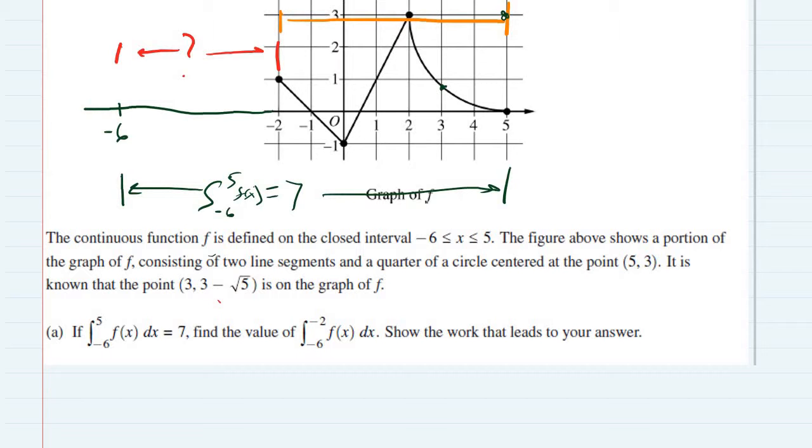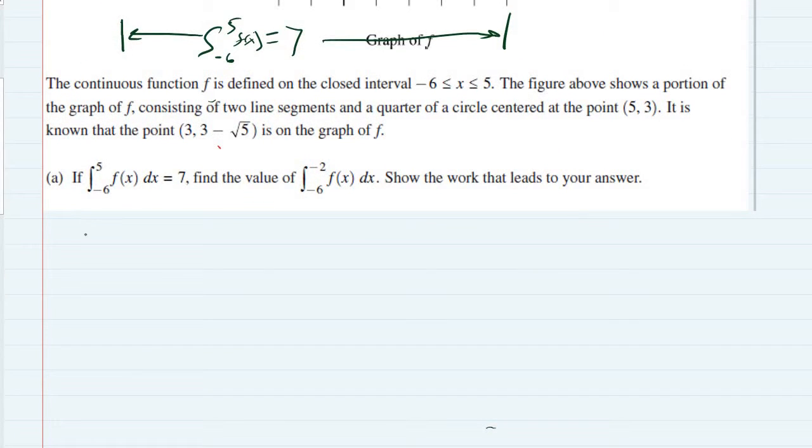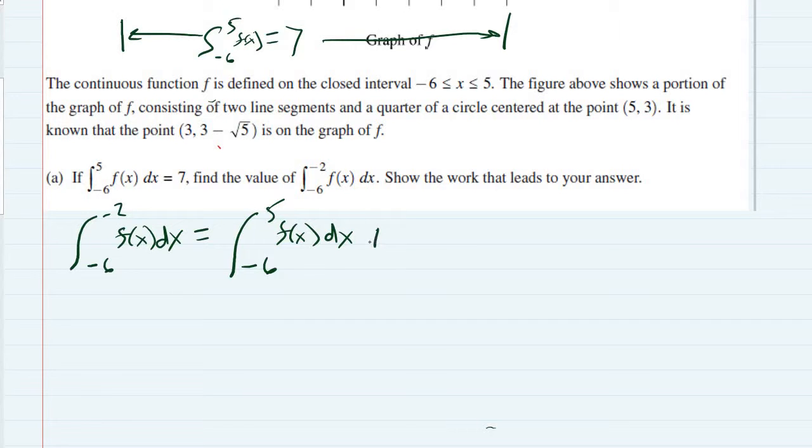Now, another way to think about this, even if we're not really looking at what the integrals mean: if you tell me that I need to find the integral from -6 to -2 of f of x dx, and you have given me a value for the integral from -6 to 5 of f of x dx, well, if I need to transform this integral into the one that I'm looking for, I'm going to add the integral from 5 to -2 of f of x dx.